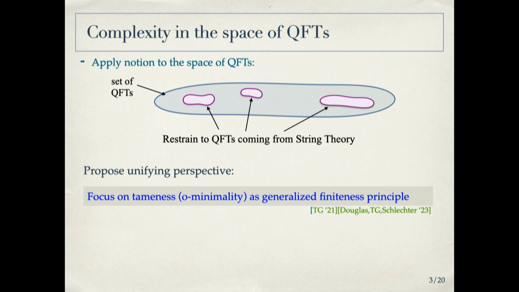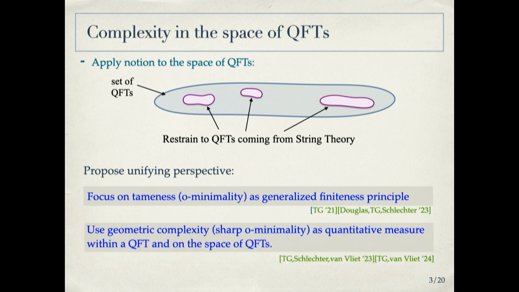So what is the unifying perspective which I'm proposing in this talk? I propose that instead of merely focusing on finiteness, we actually should focus on a generalized finiteness principle, which I explain is stronger, namely tameness, which is induced by what are called o-minimal structures.